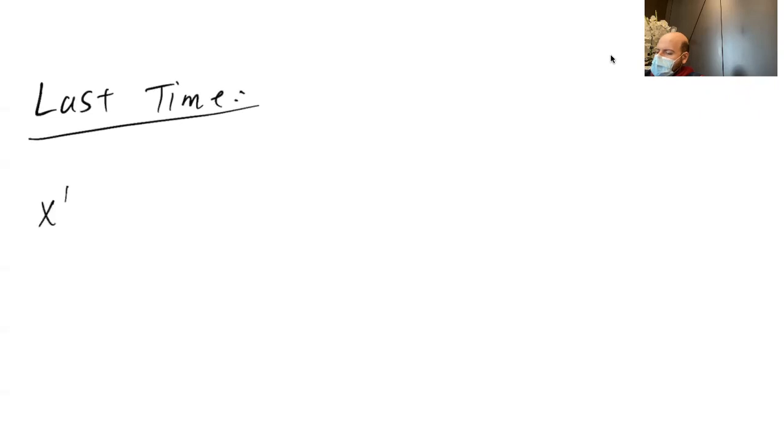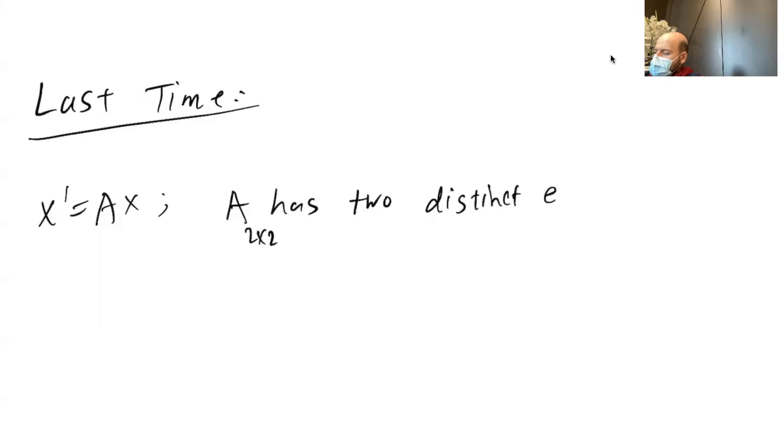So x prime equals Ax, and let's say A is a 2 by 2 matrix that has two distinct complex eigenvalues, let's say lambda 1 and lambda 1 bar. So we saw that if one eigenvalue is lambda 1, the other one should be the complex conjugate of it, lambda 1 bar.